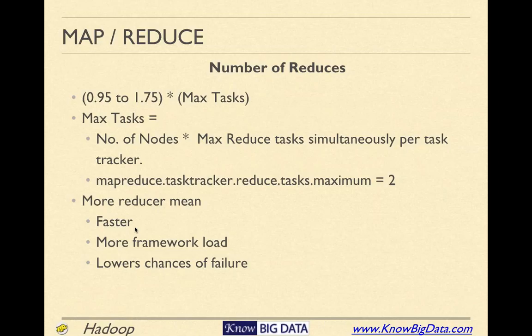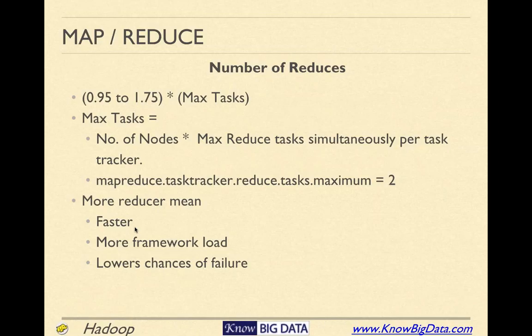So every cluster has got maximum number of tasks that they can execute. Imagine that you have a processor on one node which has 4 cores, and you have configured your Hadoop that you can execute 4 parallel tasks at the same time.